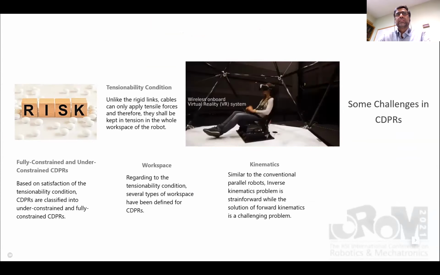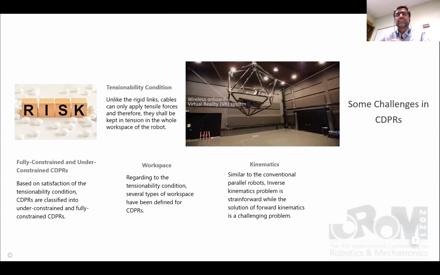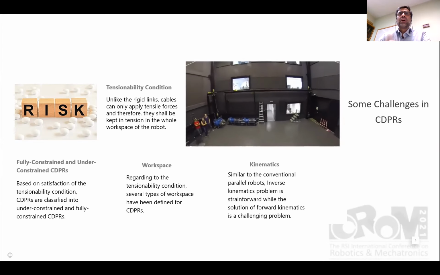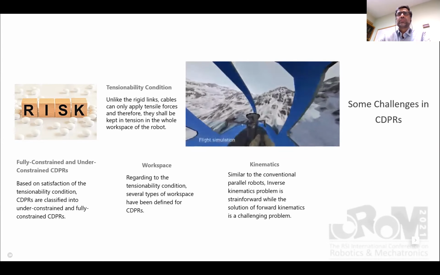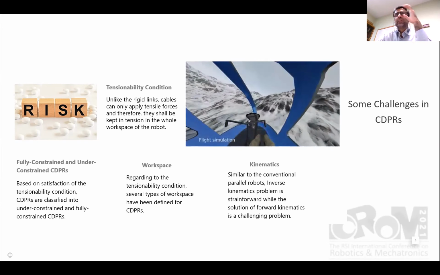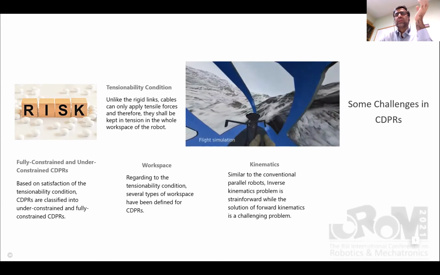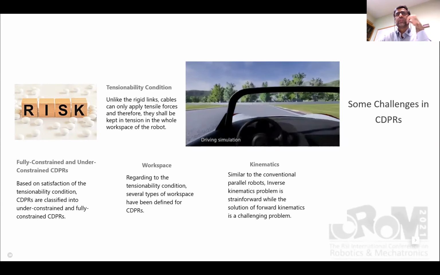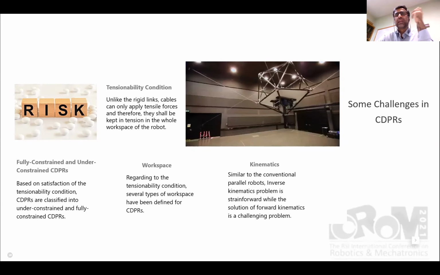Based on the satisfaction of the tensionability condition, CDPRs are classified into under-constrained and fully constrained CDPRs. Regarding this condition, several types of workspace have been defined for CDPRs, such as control level workspace, wrench feasible workspace, dynamic workspace, and so on.